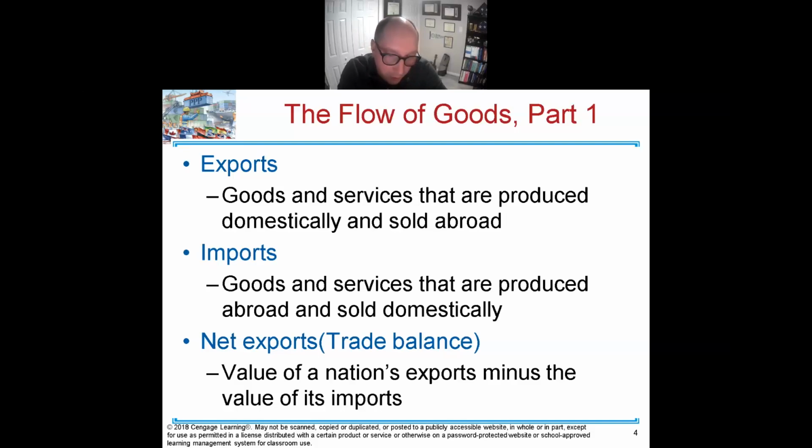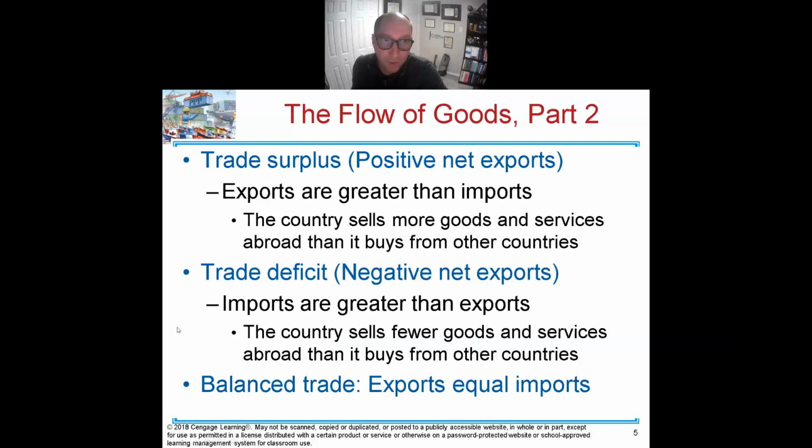Imports minus exports is net exports. There are cases where we might have a trade surplus or a trade deficit. A surplus happens when the exports are greater than the imports.